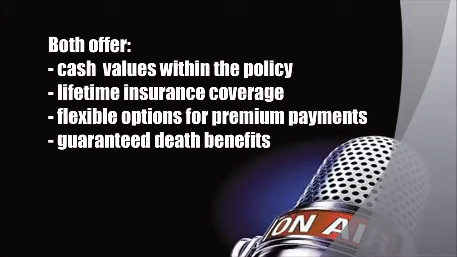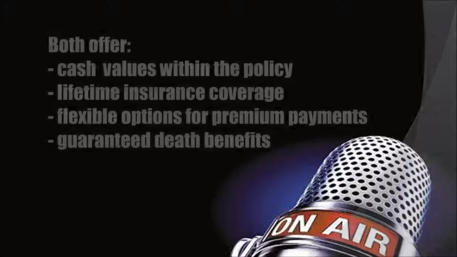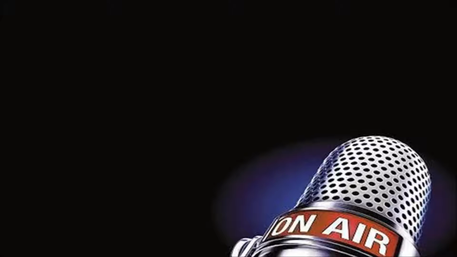Now, both options allow you to use the money within the policy to pay for your insurance. And both participating whole life and universal life insurance offer a guaranteed death benefit, which is the basic amount of life insurance you purchase. Okay, so both have lifetime insurance coverage, guaranteed premium options, and guaranteed death benefits.